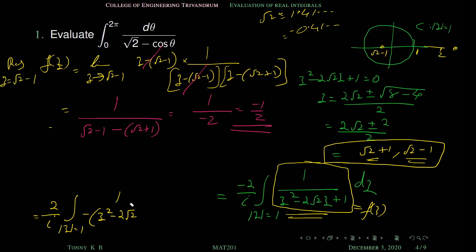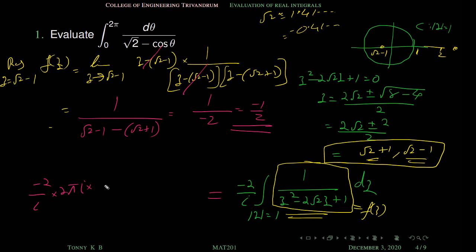So by residue integration, what about this integral? Minus 2 by I is common, so minus 2 by I into, what about this integral? This integral value is equal to 2 pi I into the sum of the residues inside C. We have only one residue, so what is the residue?